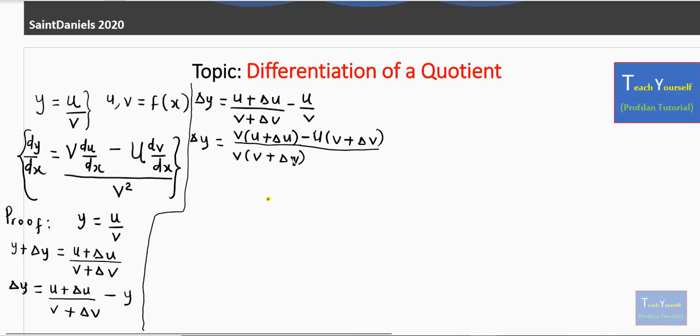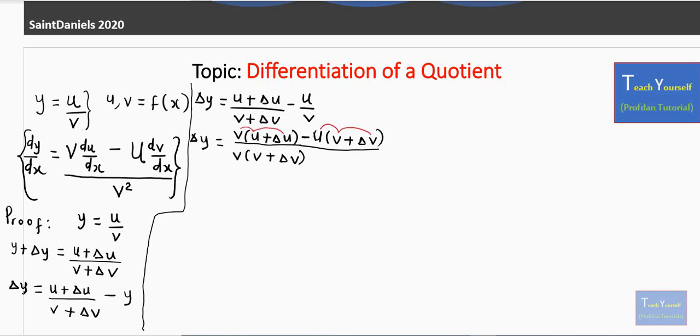So what we can do here is to quickly expand. By way of expansion, the v outside here will multiply everything inside, u and change in u, and this u will also do the same and multiply this.